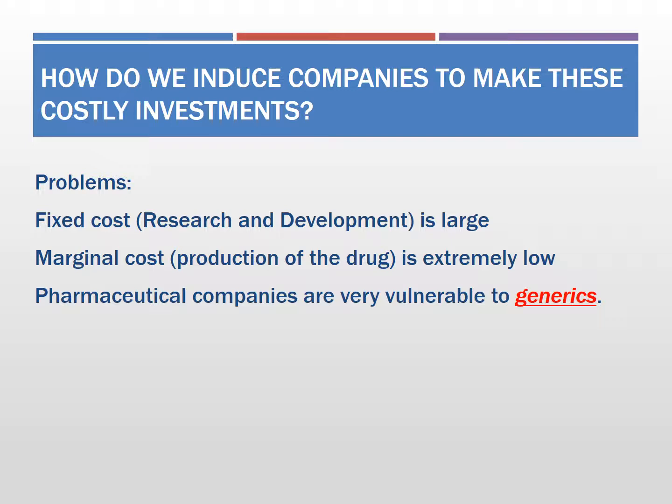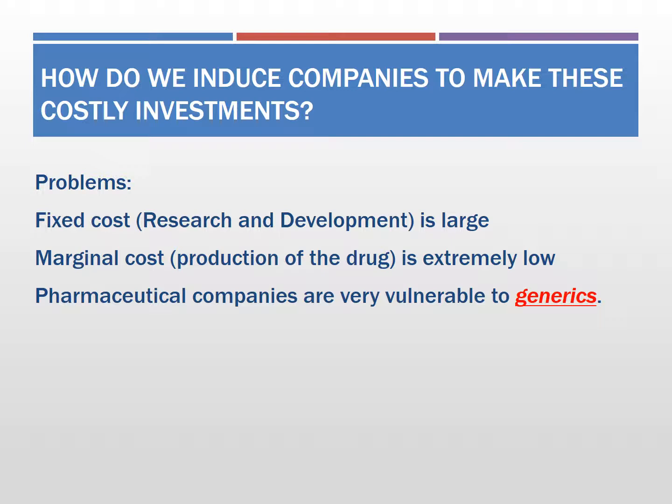In general, suppose one company spends, let's say, $100 million to come up with a new drug, and producing this new drug is relatively cheap. This company might start producing the drug, but other pharmaceutical companies in the market might take this one pill home and study it, see what chemical compounds are in it, and repeat it.